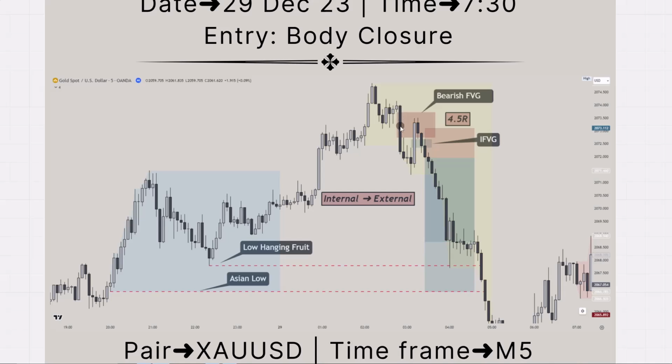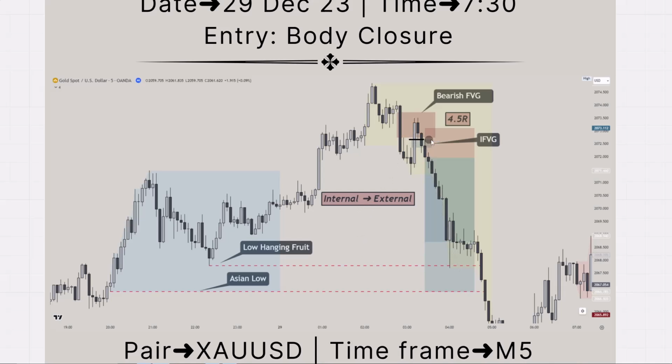Now we ask this question: as price is coming into the fair value gap, did we create a fair value gap in the opposite direction? Yes. So this is the bearish fair value gap. But what happened here is a creation of a bullish fair value gap. And as I said again, that's where a lot of people would be trapped. They're going to be going long here, but notice that we're actually going down.